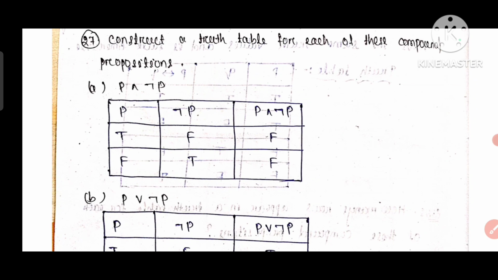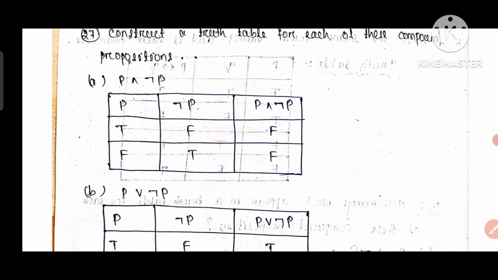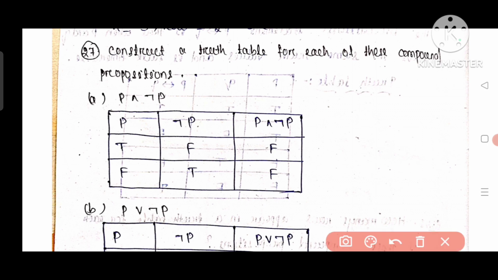Next question, I will ask you to construct a truth table for each of these compound propositions. In the first question, P disjunction negation P. For this question, how many rows are possible? We know here P means two cases arise.